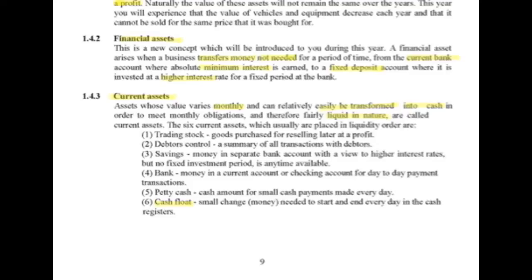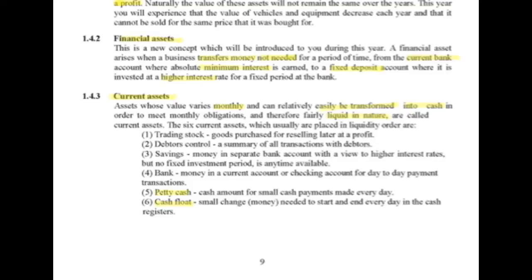So cash float, that's your small change needed to start and end every day in the cash register. Okay, so that is the money that I put into my cash register. So it's already money, it's already in the shop, it's there already, it's the most liquid form of cash I've got. Second to that is my petty cash.